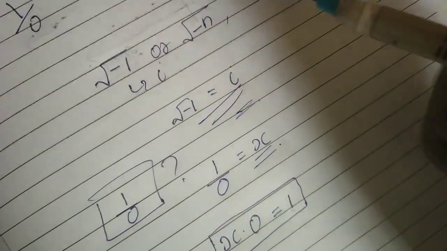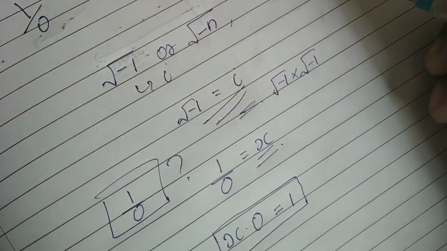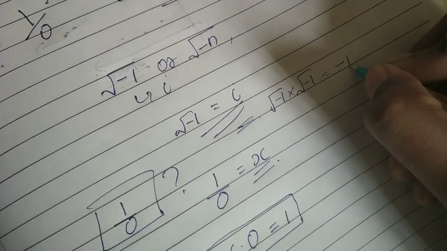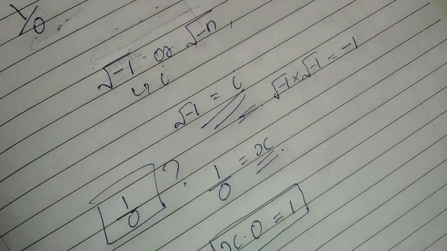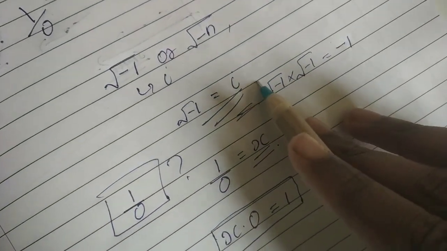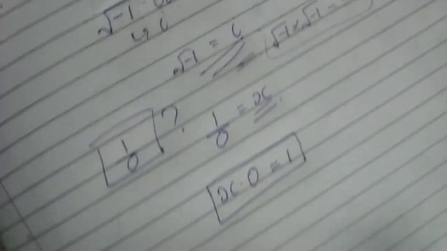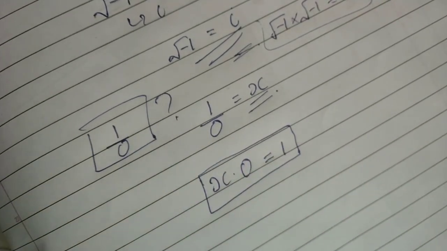According to this, if we multiply root of negative 1 with root of negative 1 itself, we get negative 1. But according to math, we cannot multiply two same numbers to get a negative number. So this theory also broke one rule, just as the other theory did. So my simple question is this: why can't we define this thing? Why can't it be possible?